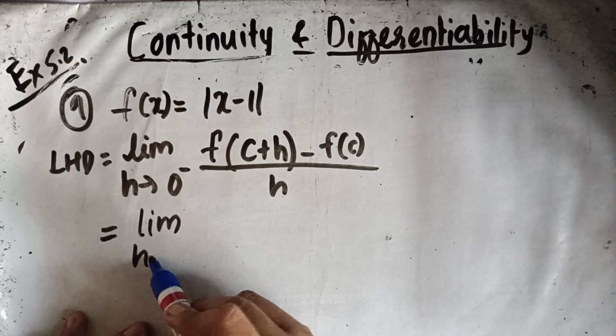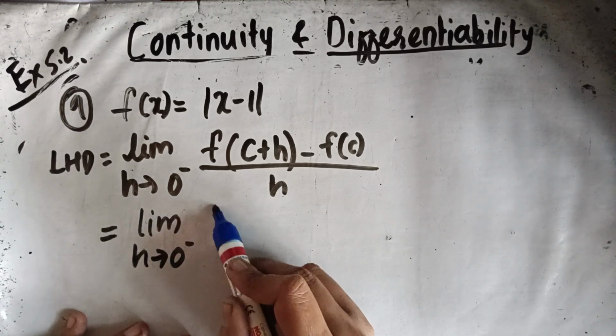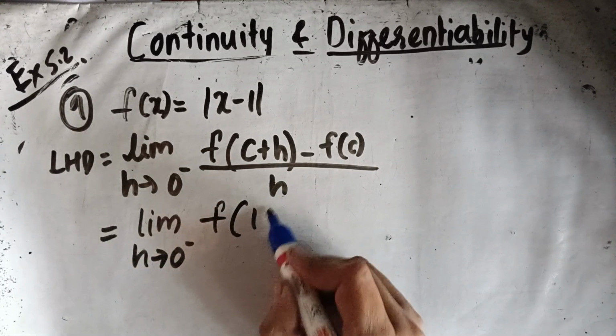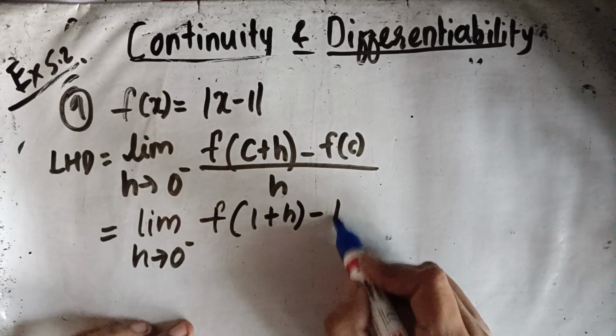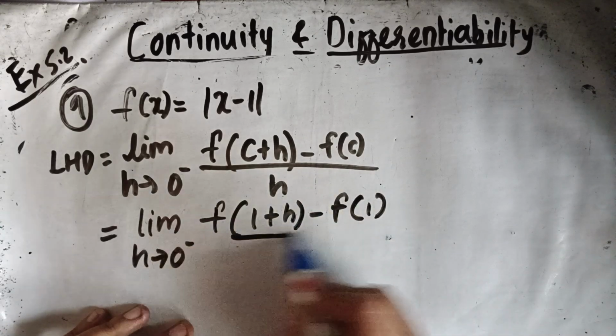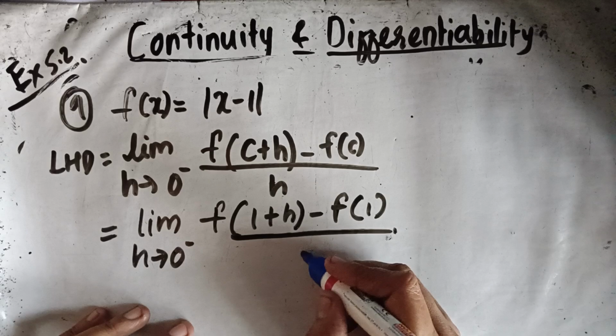Limit as h tends to 0 of f of 1 plus h minus f of 1 upon h.